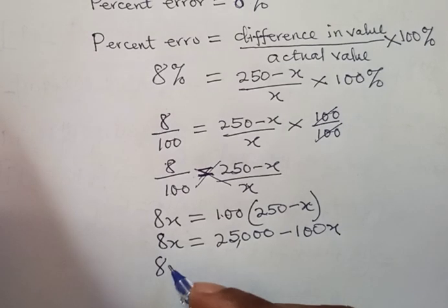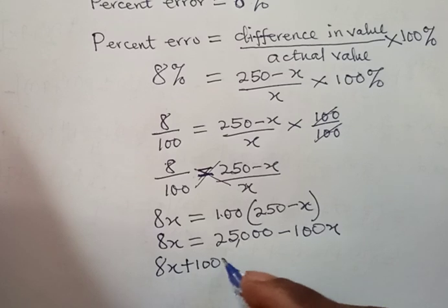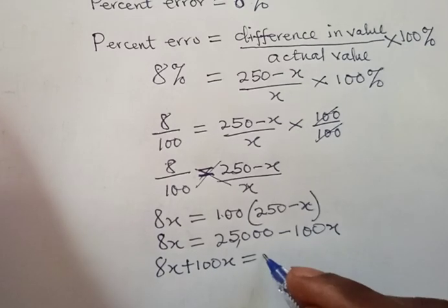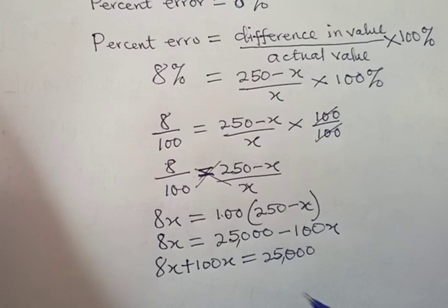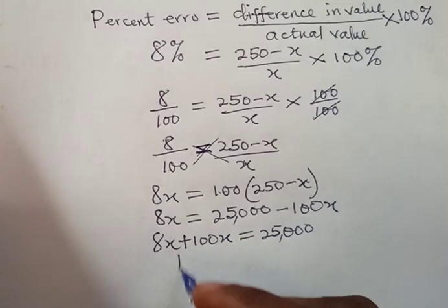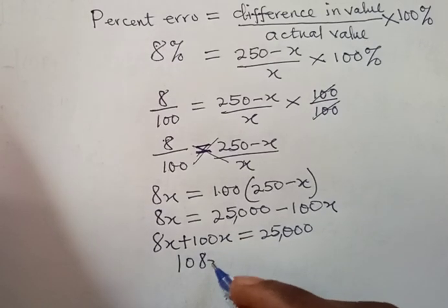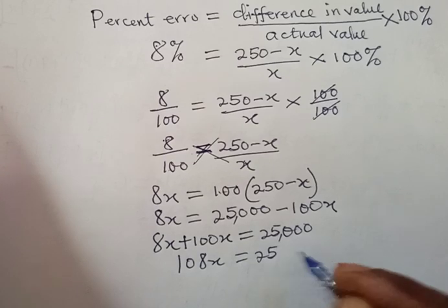So I'll write my 8x, then bring this one here plus 100x, which is equal to 25,000. Now if I add this, I'm going to get 108x is equal to 25,000.